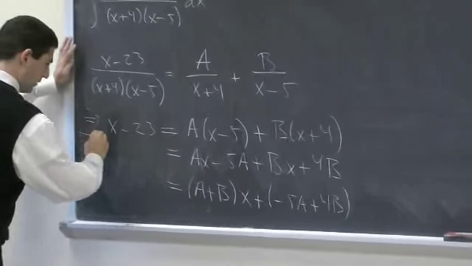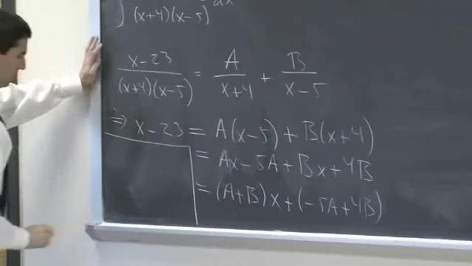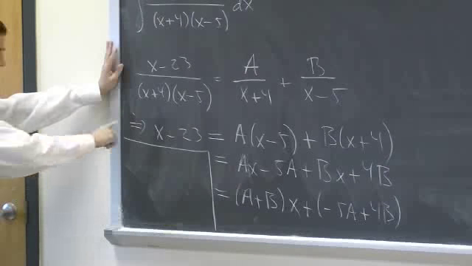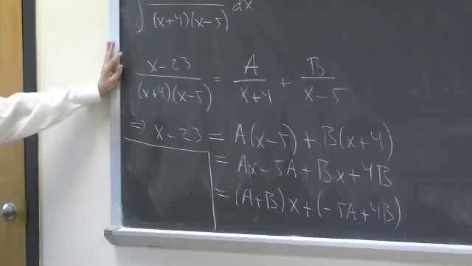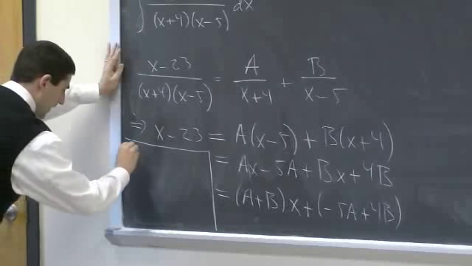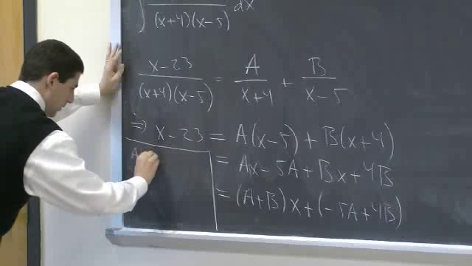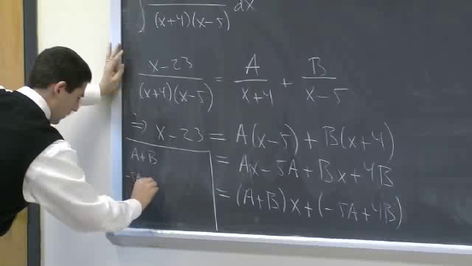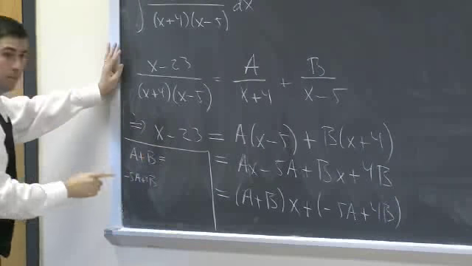Okay, so let's do a little side work. What can I conclude from this equation about a and b? A plus b, and, well, I can say something about minus 5a plus 4b. What's a plus b?